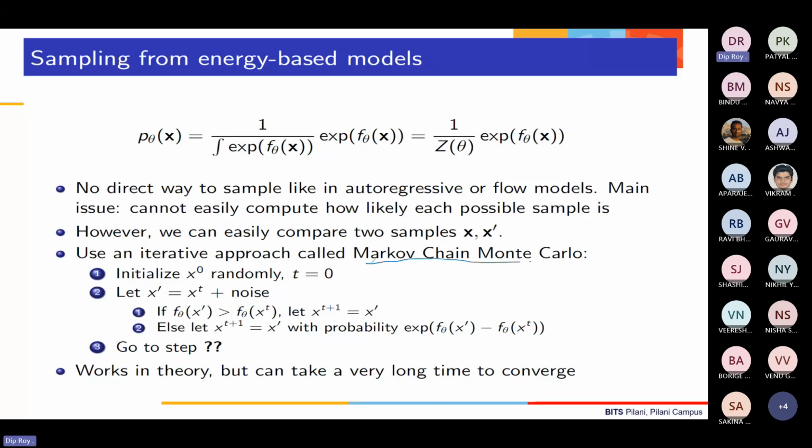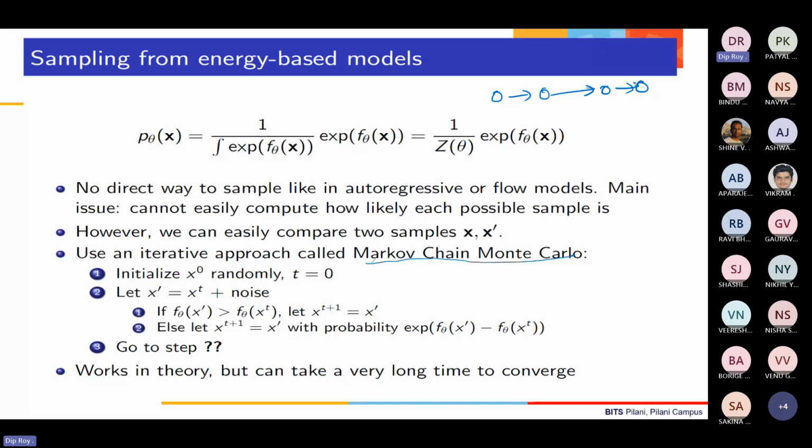In Markov chain Monte Carlo, I'll show you the exact flavor. This is a very primitive form. You initialize your x randomly at t equal to 0, which essentially means that you start with any state.